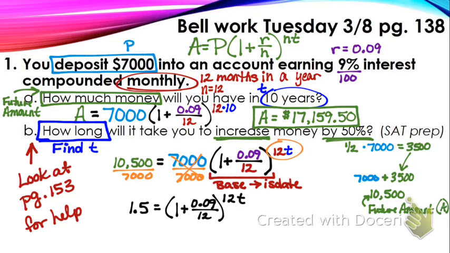Have I isolated my base? Yes. The only thing that I have left on this side is the parentheses with the power stuck onto it. So it is isolated now. I like that.